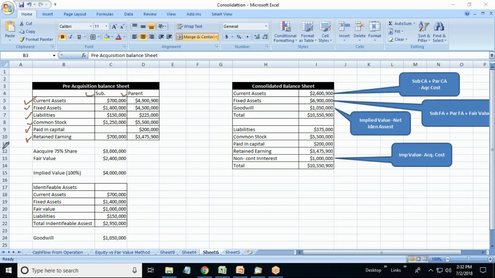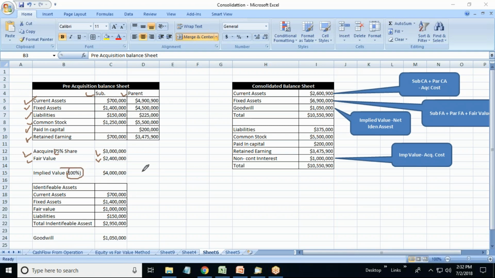The condition here is that we acquire 75% of the shares in the subsidiary, where the fair value of the assets is 2,400,000. We acquire the 75% stake at the price of 3 million. First of all, we need to check the implied value. We own only 75%, so what is the value of 100%?